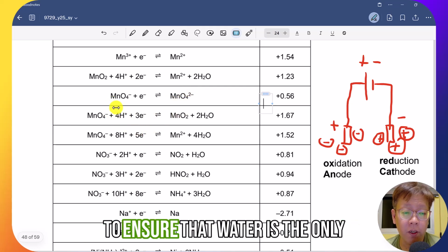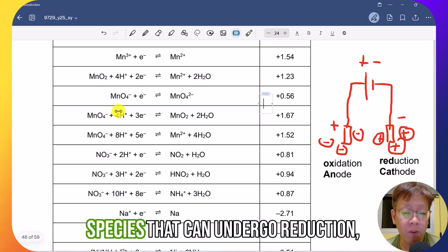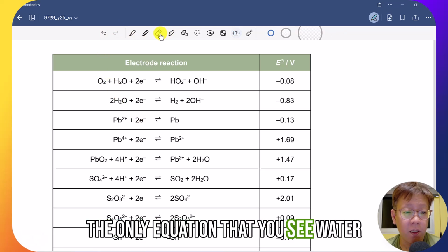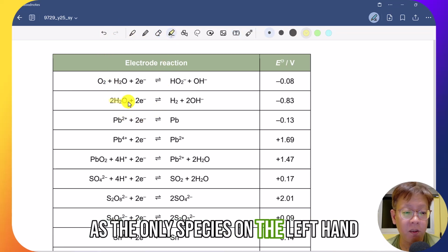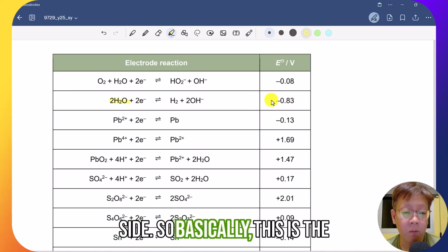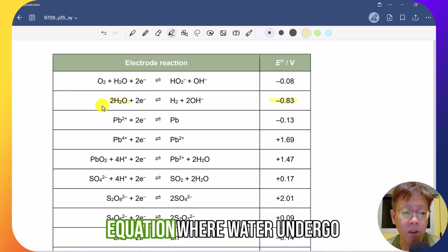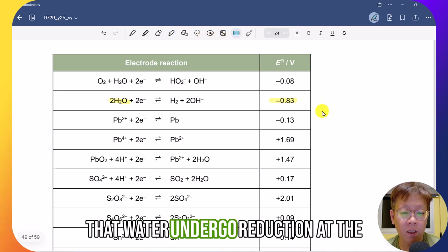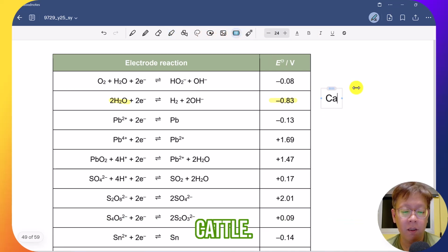So if you want water to be the only species undergoing reduction, you scroll down and find the only equation where water is the only species on the left-hand side. This is the equation where water undergoes reduction at the cathode.